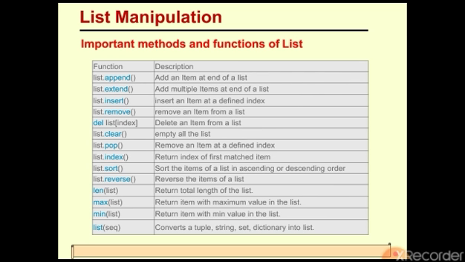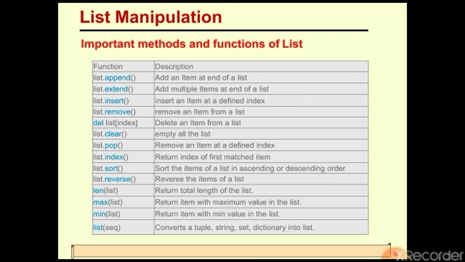For example, if we have a list consisting of 3 elements, 3, 4 and 5, and we write list.index(5), it will search for the first occurrence of the element 5 in the list. In this case it is 2. So it will return that index to us by using the index function.